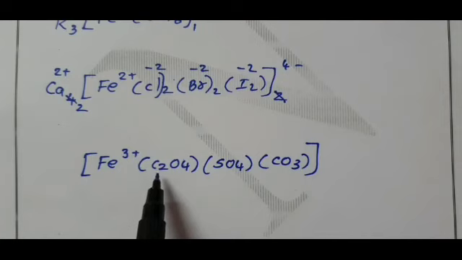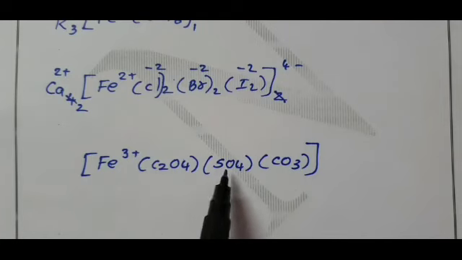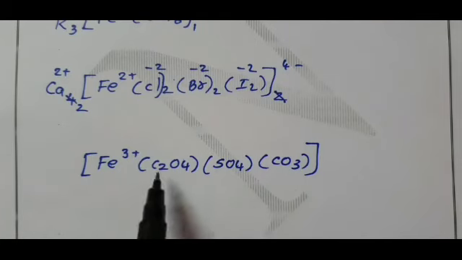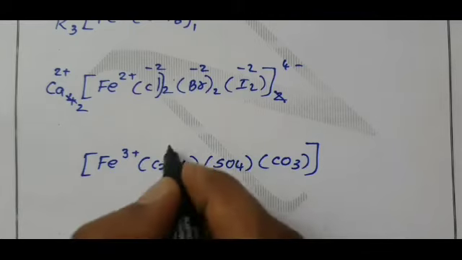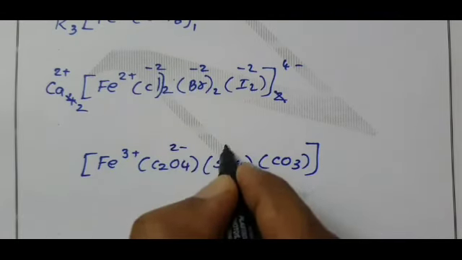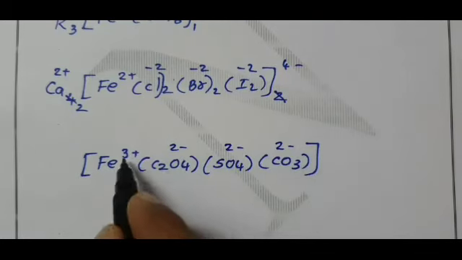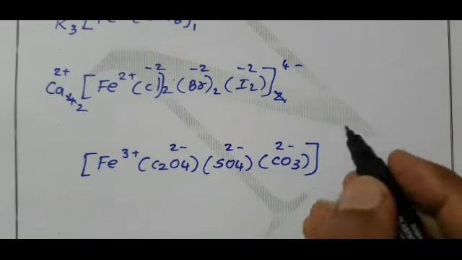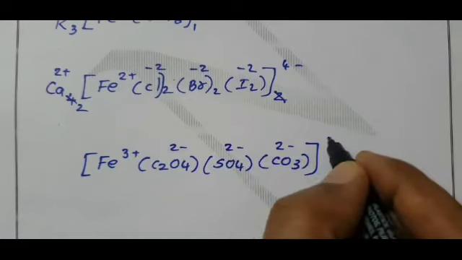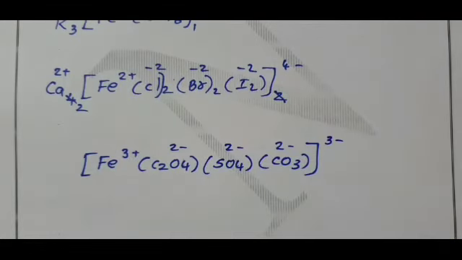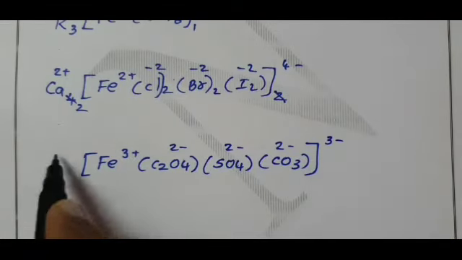So here 2 bond with the central metal ion, another 2 bond, totally 6 bonds are over. Oxalato 2 minus, sulfato 2 minus and carbonato 2 minus. When you add all these charges, you will get 6 minus plus 3 plus, 3 minus. No need to add here positive.